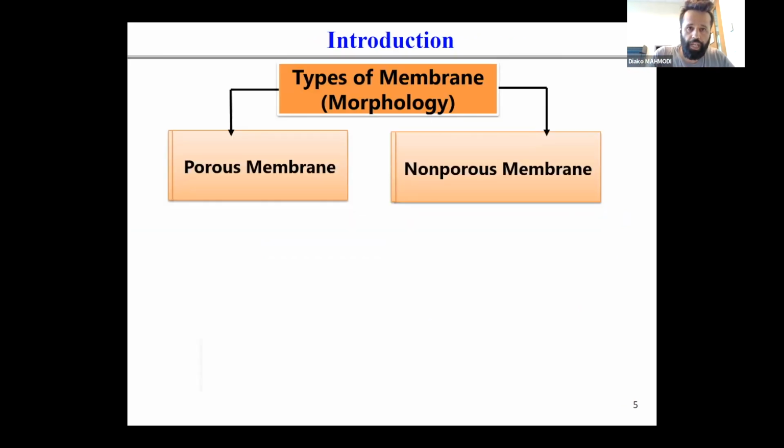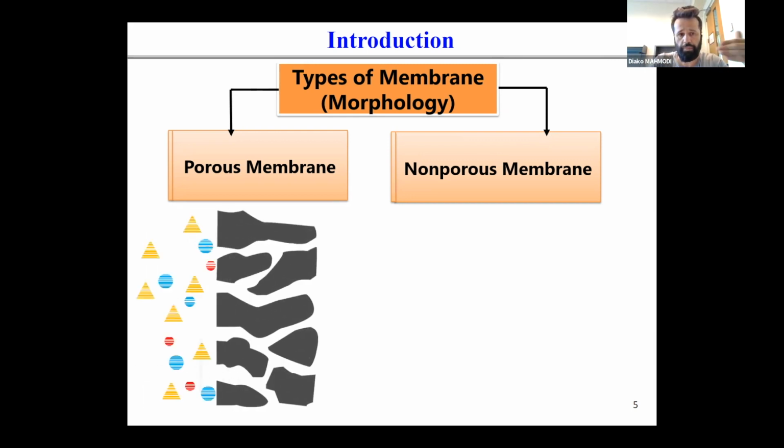If we categorize membranes in terms of morphology, we have porous and non-porous membranes. In a porous membrane, you can see this structure. It has a porous structure.